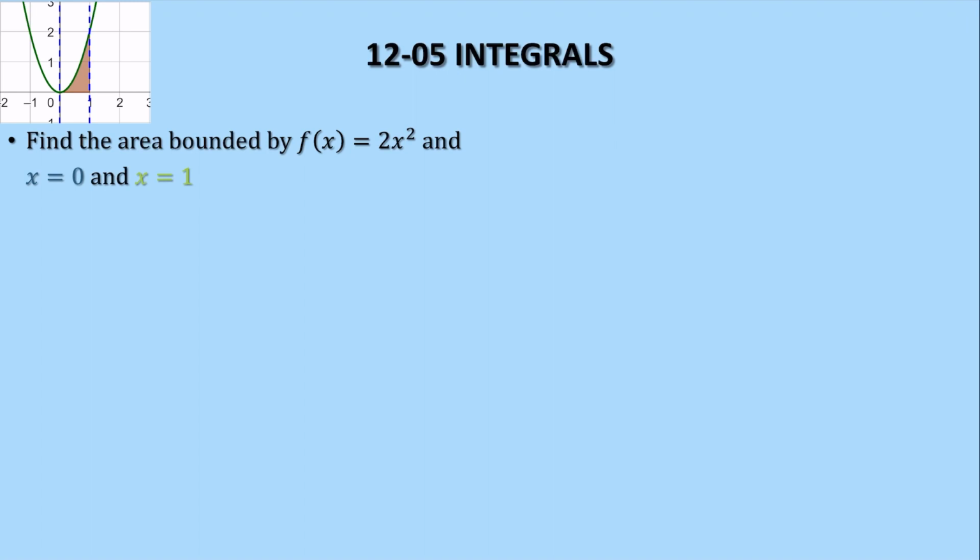So this is the same thing as the integral from 0 to 1 of my function, which is 2x squared dx. That is going to equal the limit as n approaches infinity of the sum of f of (a plus (b minus a) over n times i) times (b minus a) over n.